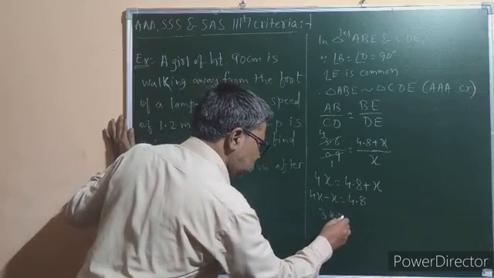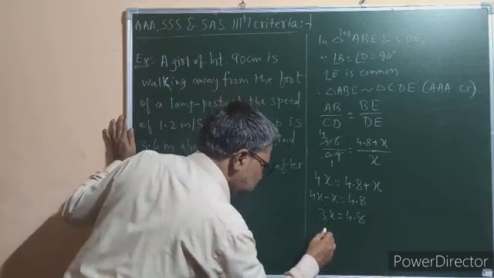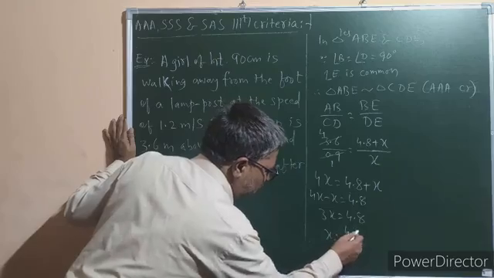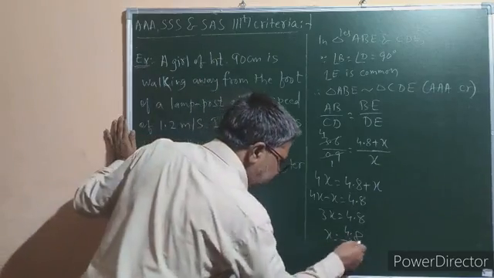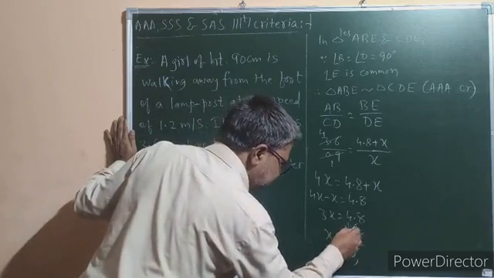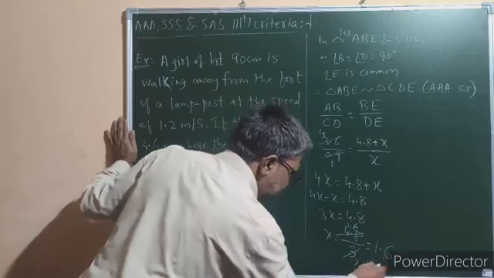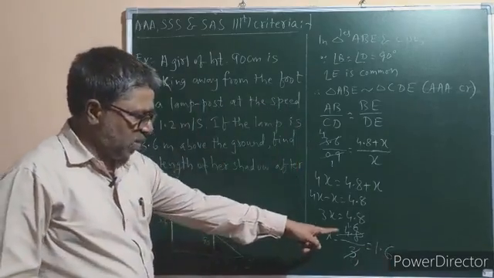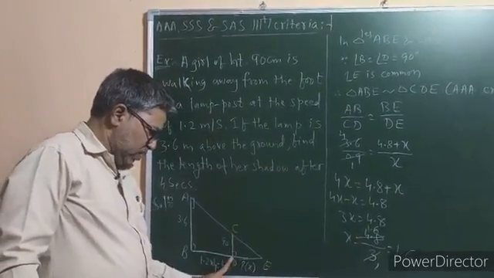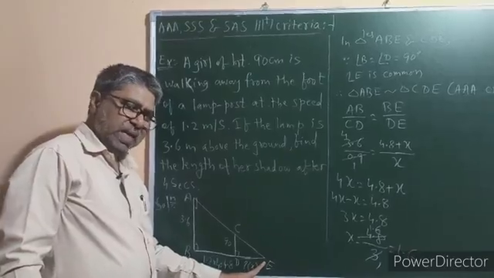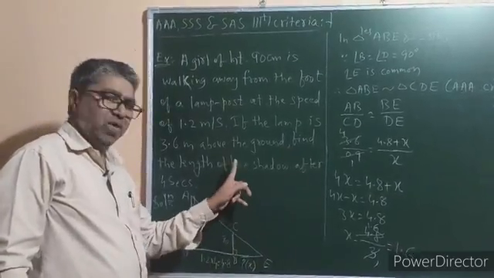Now 3X is equal to 4.8. So X is equal to 4.8 upon 3. Now divide 4.8 by 3. 3 ones are 3, 3 ones are 3, 3 sixes are 18. So the value of X is 1.6, and X we assumed for the length of DE, that is the length of the shadow of that girl.